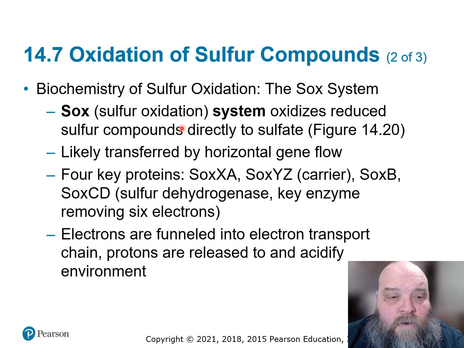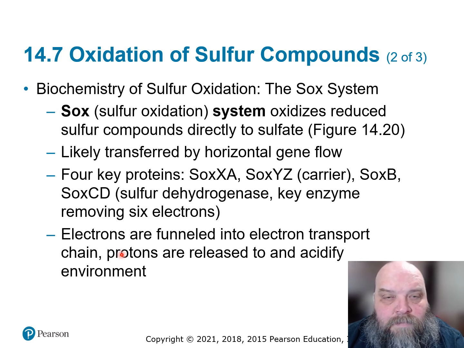To do any of this, you're going to have a series of genes and gene products, the proteins known as SOX, sulfur oxidation systems. SOXXA, SOXYZ, SOXB, SOXCD. X and A, Y and Z, and C and D form complexes.